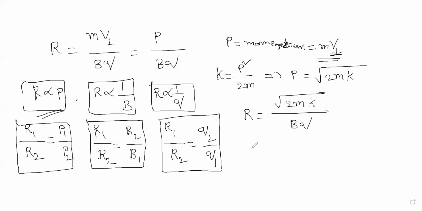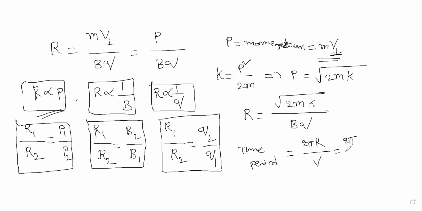The next one is the time period. The time period is given by 2 pi r divided by v. It's the circle, so this much length it has to cover. So you can very well write the expression for r.